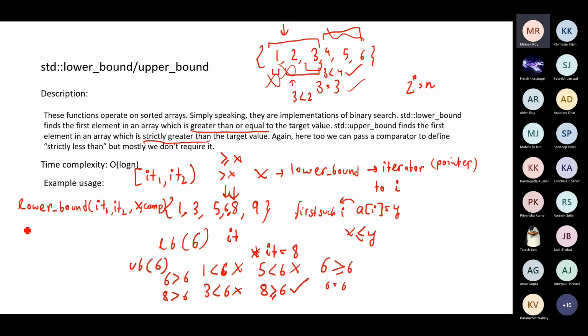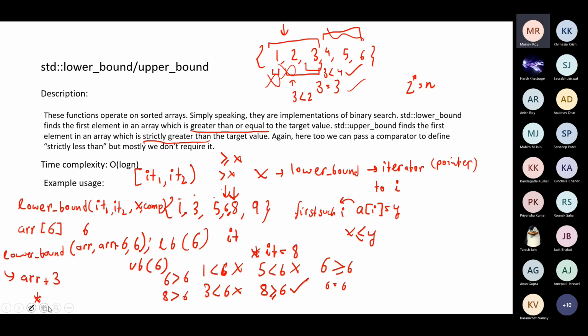So if you have an array of size 6 and you're looking for 6, you can just call lower bound on array, array plus 6, and search for 6, and this will return you a pointer that is array plus 3.